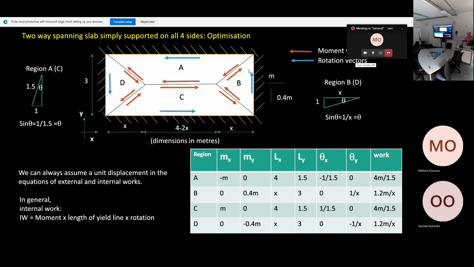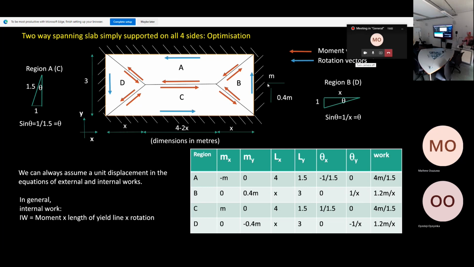For the rotations, this is the vector rotation. Okay, that we have. So when you project it on the x-axis, you get 0, because it has no component on the x-axis. And on the y-axis, the rotation, remember the displacement here is 1, out of plane. You got 1.